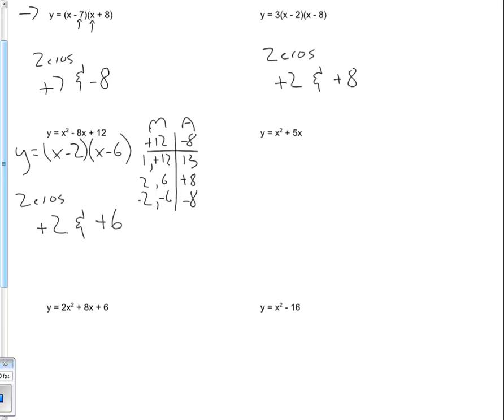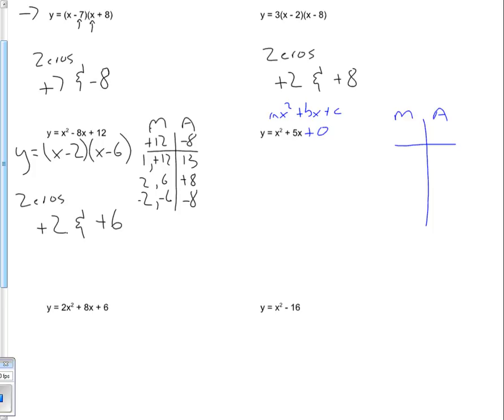Same deal over here on the right-hand side. Again, we've got a trinomial. Doesn't necessarily look like a trinomial, but it is. Just bear in mind you've got an x squared plus 5x, and it's missing its c value. So we've got, remember, ax squared plus bx plus c. In this case, it's missing its c value, so the c value is actually equal to 0.